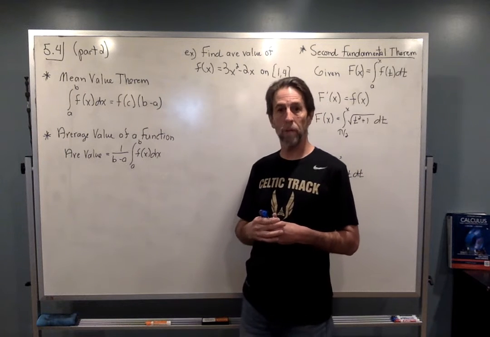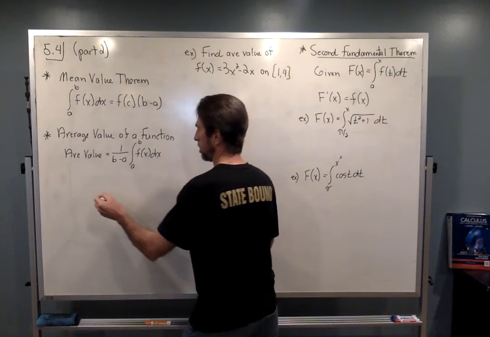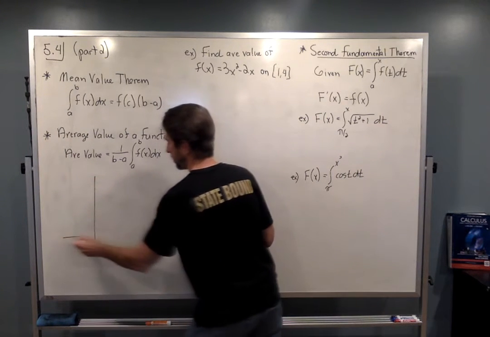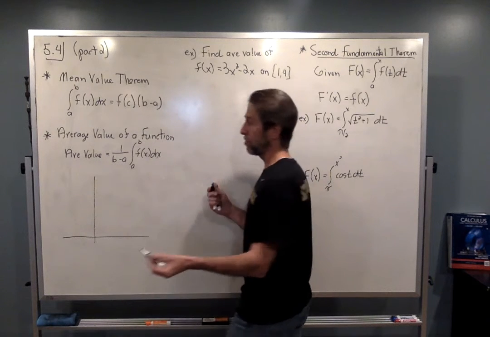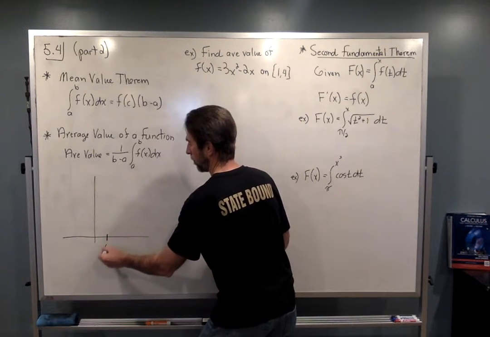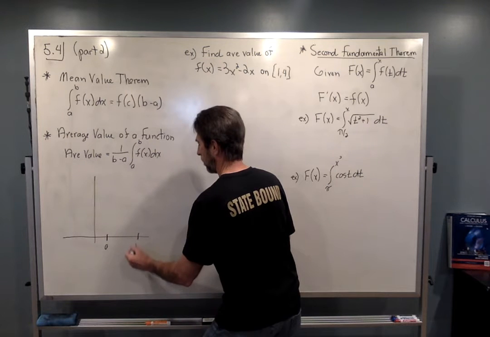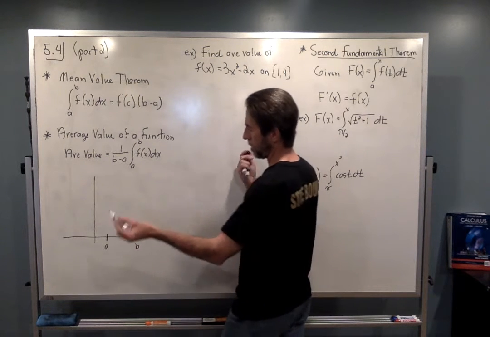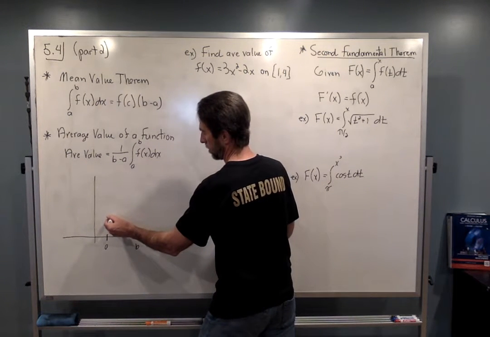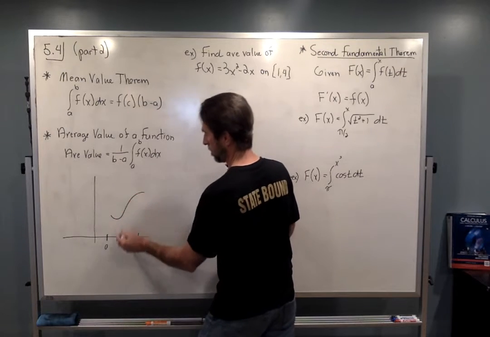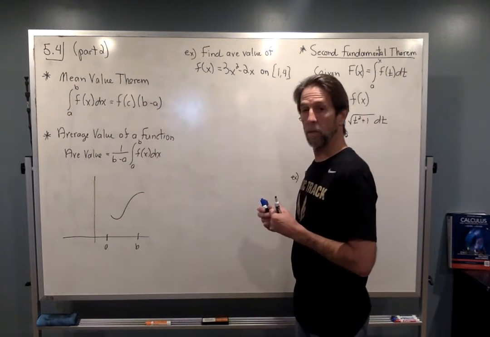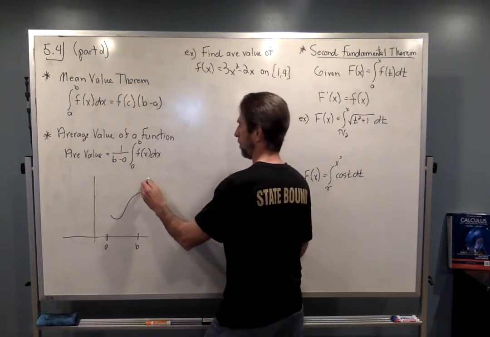Well, what does this really mean? Well, here would be a picture. Let's say I have some function from a to b. And that function could go up and down, but basically it looks like this. That's the function from a to b.